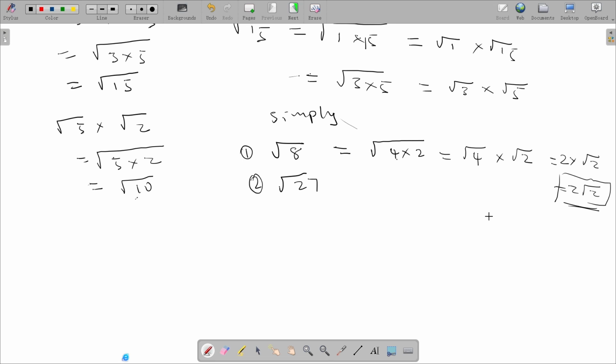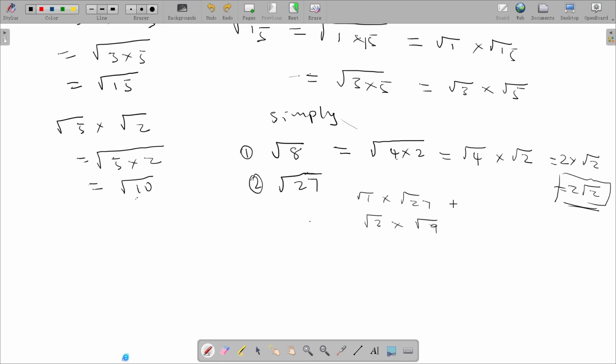Okay, how about question number 2? Someone can say, I can break square root of 27 into square root of 1 times square root of 27, which gives us the same. Someone can say, I can just pick square root of 3 times 9. Cool.